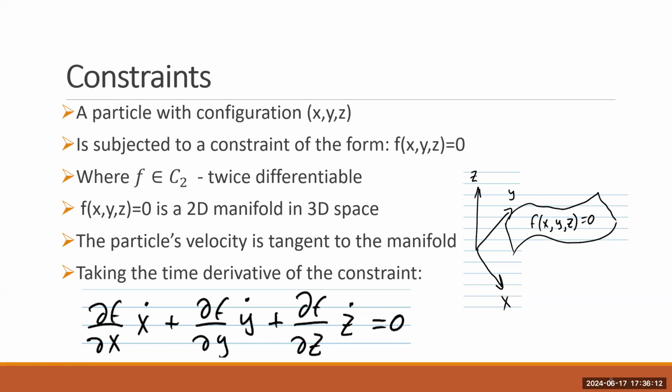The manifold is f of x, y, z equals 0. This is the geometry of it. And therefore, the constraint reduces the 3 degrees of freedom into 2 degrees of freedom, 2 parameters of the manifold. It's a 2-dimensional manifold in a 3-dimensional space.